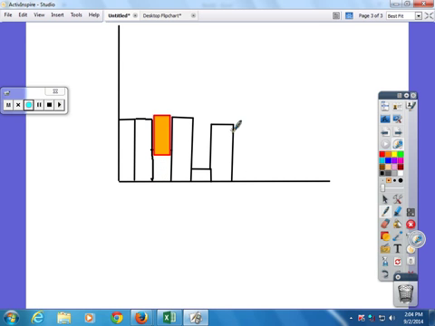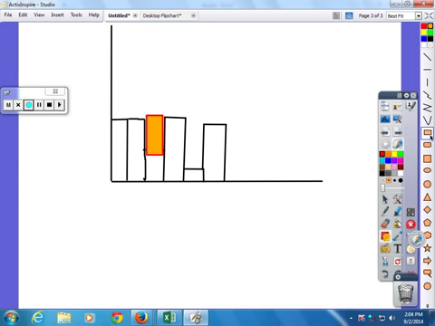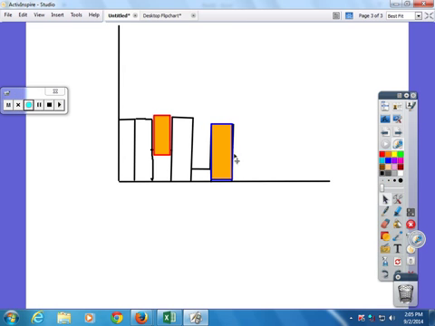And then I take this piece and I color it blue. And I take that piece and I move it right here.